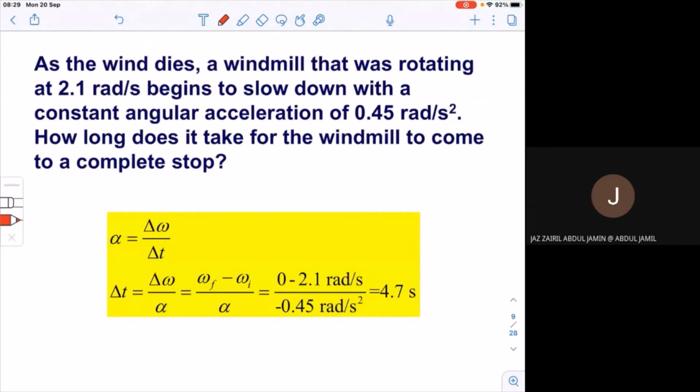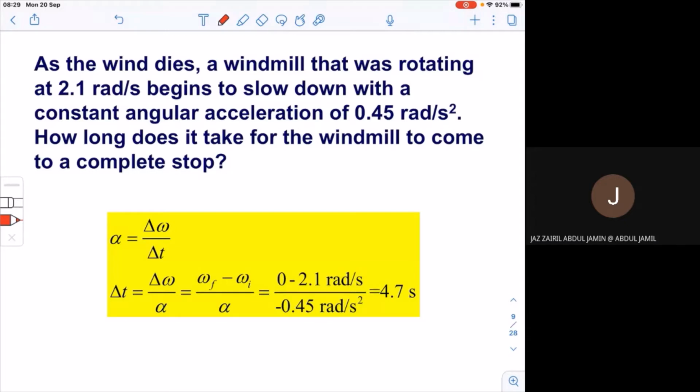Look at how to solve the problems. As the wind dies, a windmill that was rotating at 2.1 radian per second. The idea to solve problems involving angular speed, angular position, or angular acceleration is that you need to look at the units.